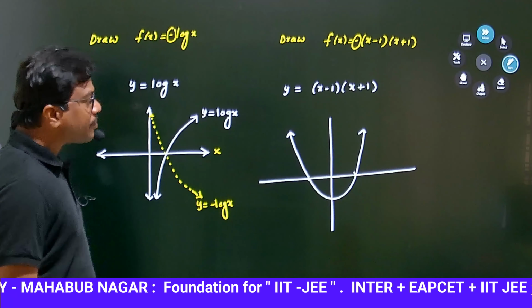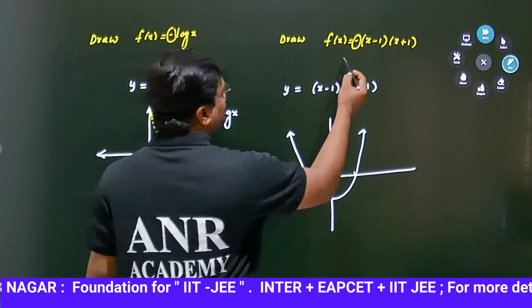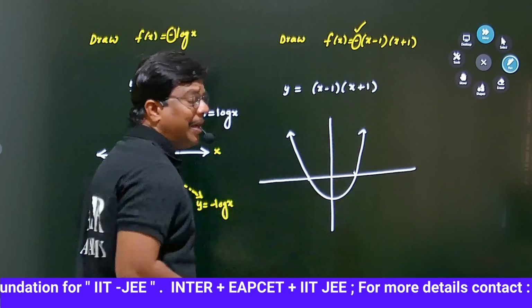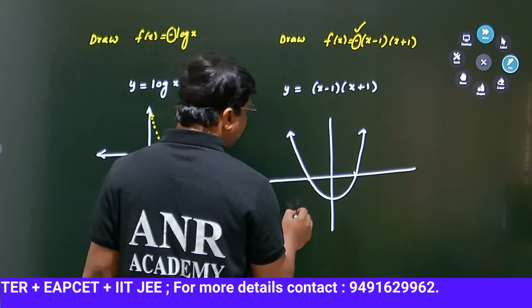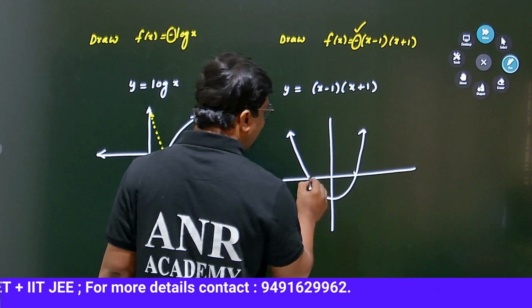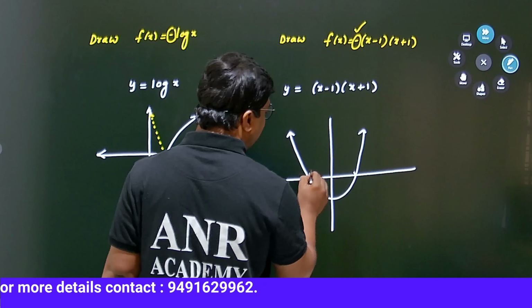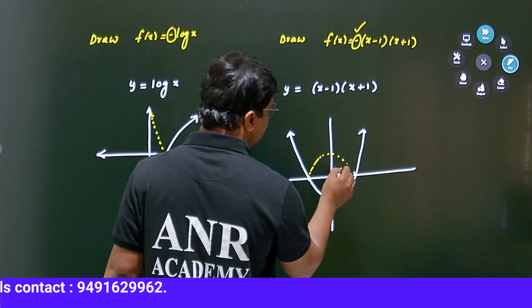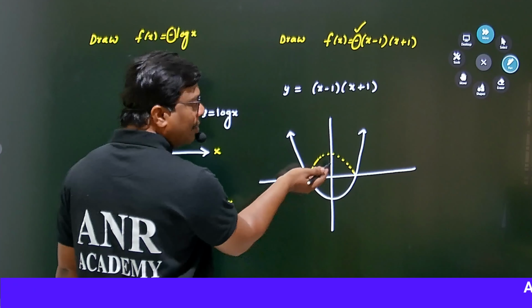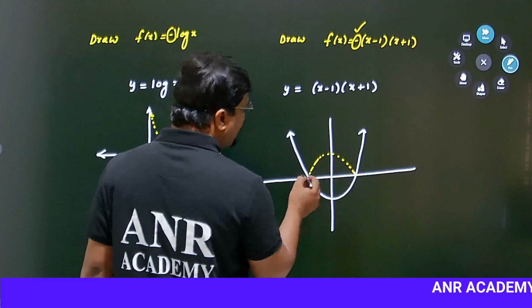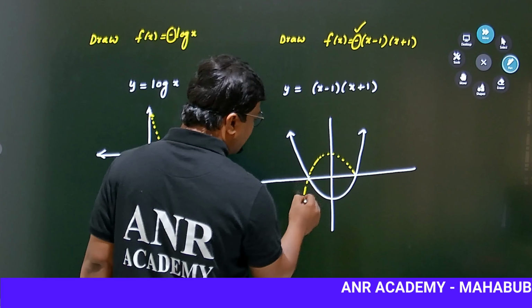Next, to draw the graph of minus of x minus 1 into x plus 1, what I am doing? Just the symmetric graph about the x-axis. That means the graph which is below the x-axis, you have to draw above, and the above graph you have to draw below.